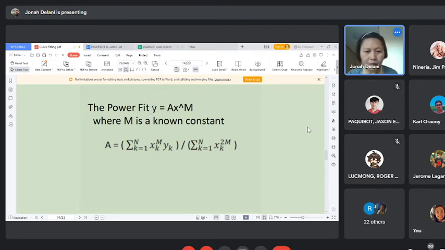So if our curve looks like a times x to the m, we can have this format for our equation. So a is equal to the sum of x to the m times y divided by the sum of x to the 2m.